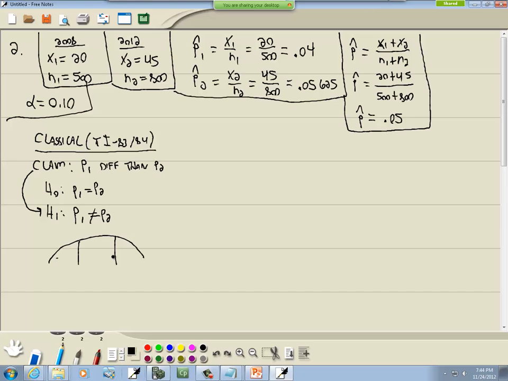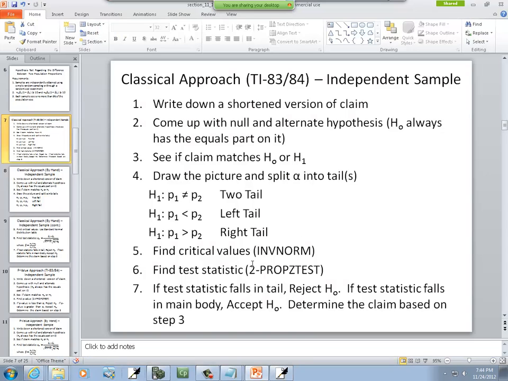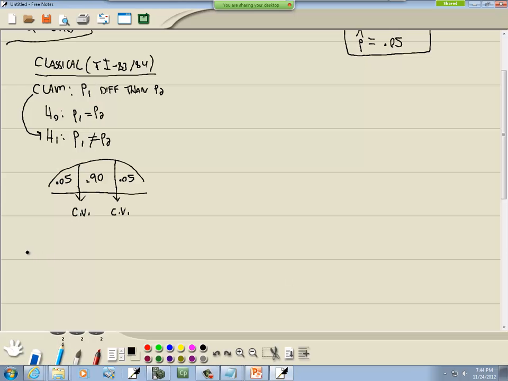Now we want to split alpha into our tails. Alpha is 10%, so I'll put 0.05 in each tail. And if 10% is in the tails, then 90% is in the main body. And we'll have this critical value and this critical value. For this, using the TI-83/84 classical approach, we find the critical values using inv norm. Inv norm is based upon the area to the left. So for the first one here, the area to the left is 0.05.